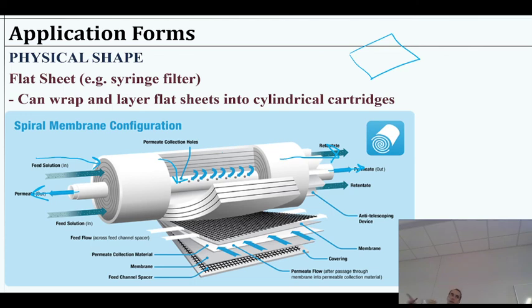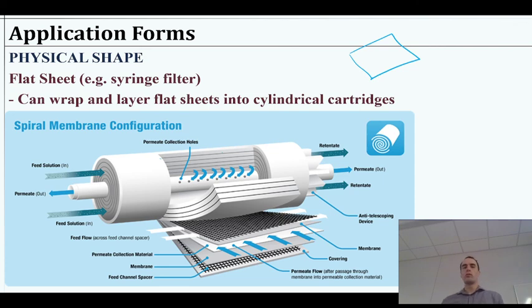So it's all kind of about how you plumb it inside, but once you do it, it works, right? So you just have to keep the feed separated from the permeate, and you can kind of see how it works here. It's a little bit not intuitive at first, perhaps, but it certainly does work.